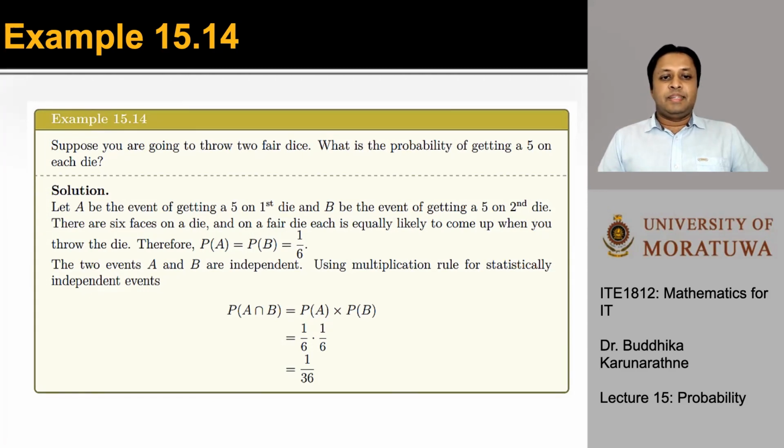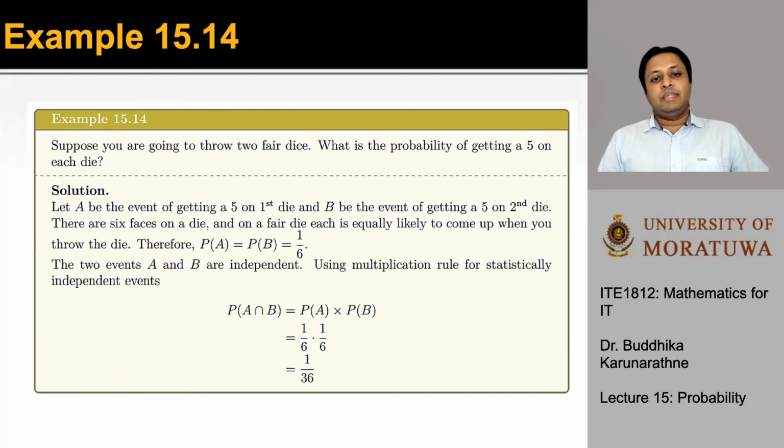There are 6 faces on a die, and on a fair die each is equally likely to come up. So P(A) equals P(B) equals 1 over 6.